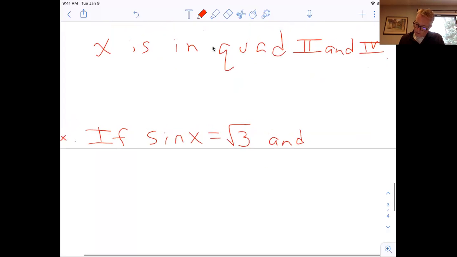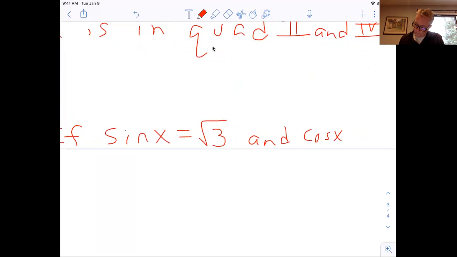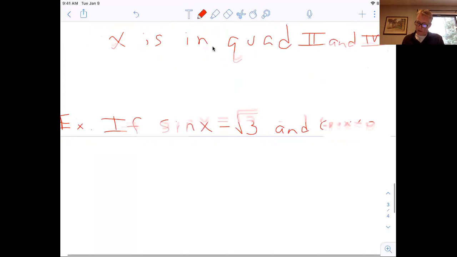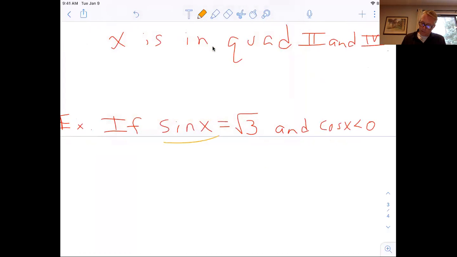and the cosine of x is negative, well, this information, meaning the y value is positive, that's in either 1 or 2. This information, the cosine is negative, that's in either 2 or 3.